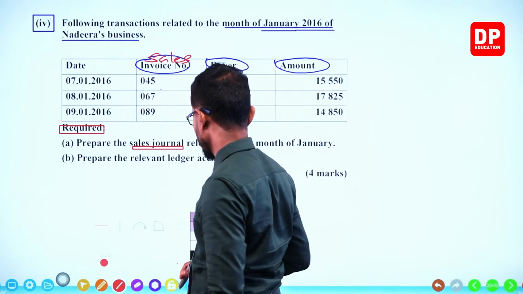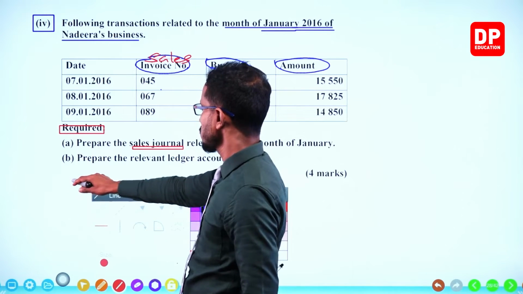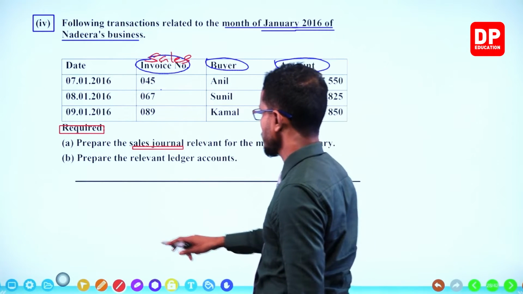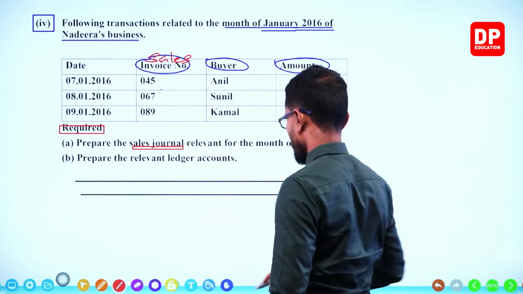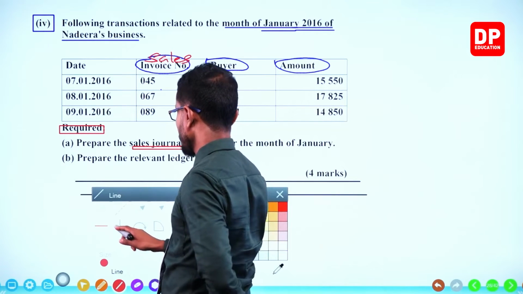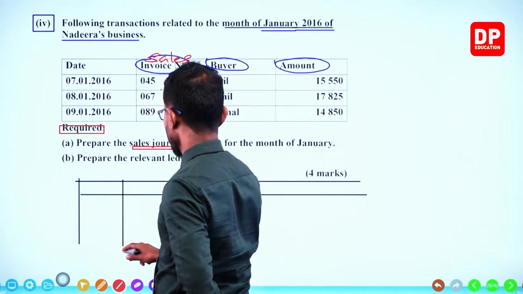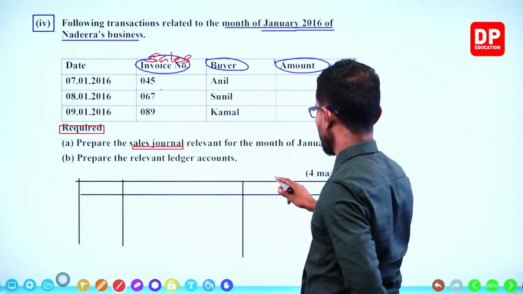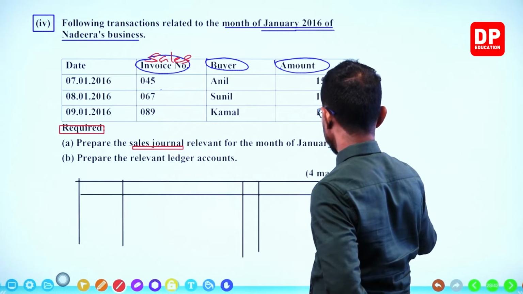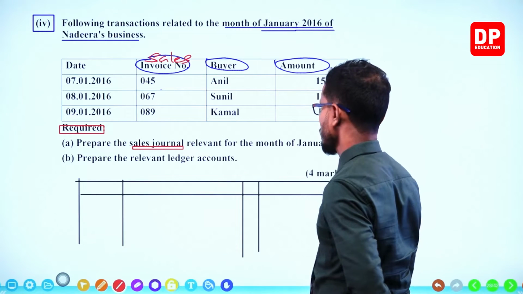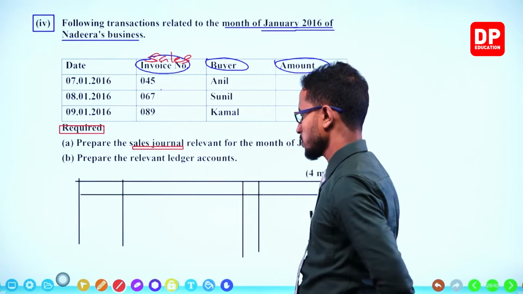Okay, let's draw the sales journal. Likewise, date column, buyers column, ledger folio if you want, and the amount column.